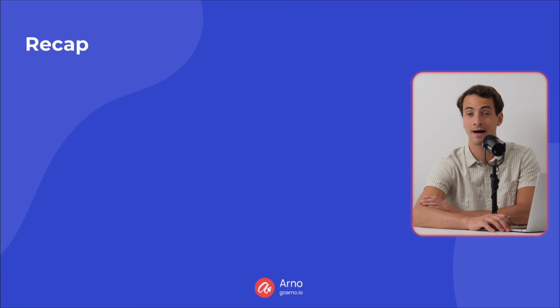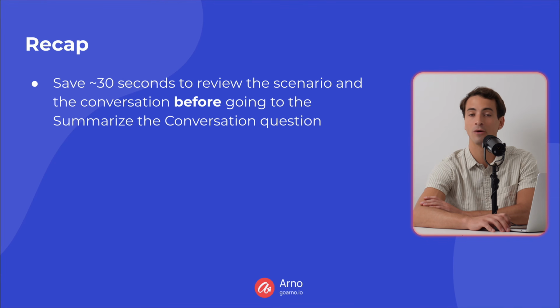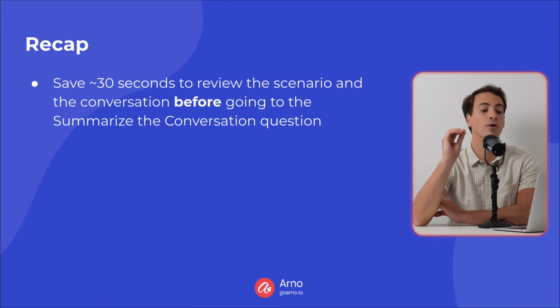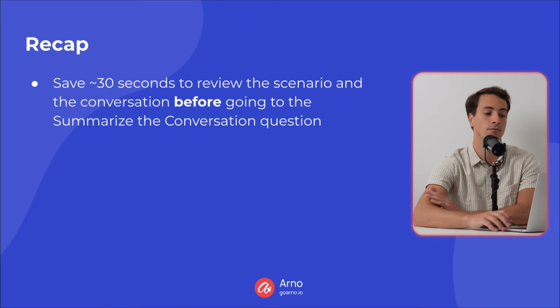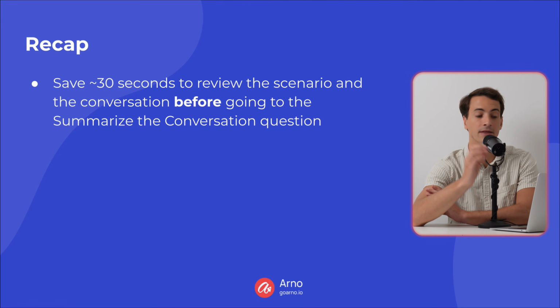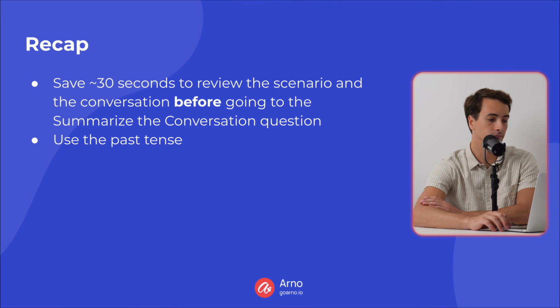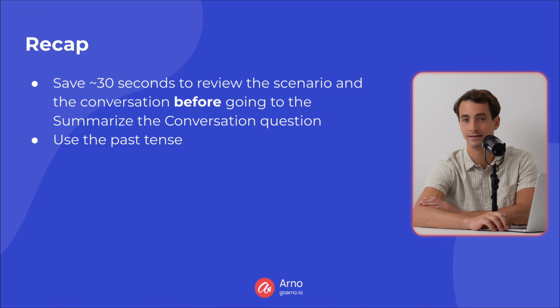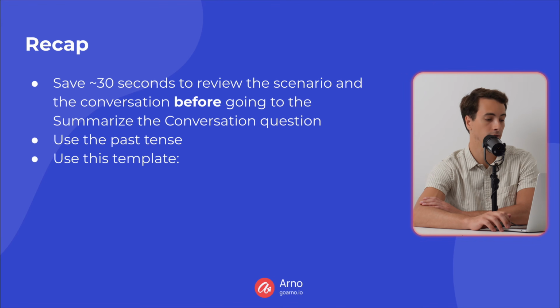All right, let's recap what we covered in this lesson quickly so that you can easily remember the main points. Save about 30 seconds to review the scenario and the conversation before going to summarize the conversation question. This is key. Use the past tense in your summary and use this template.